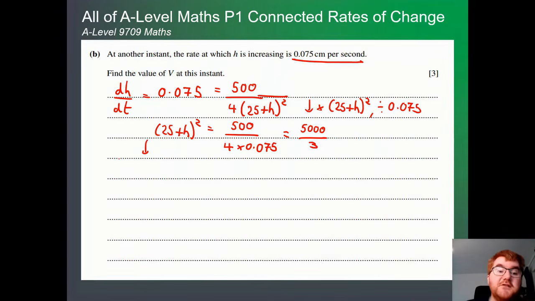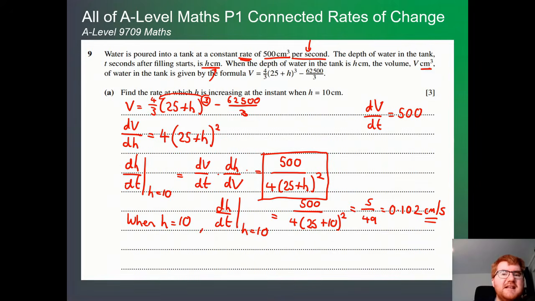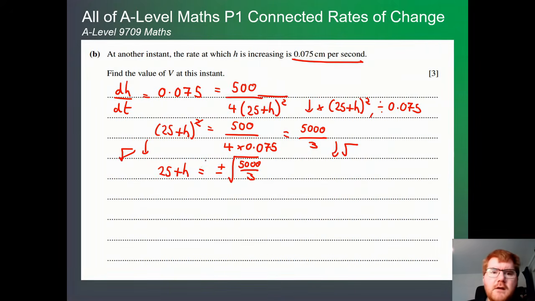So opposite of squaring is square rooting on both sides. We cancel. This is the part where you can relax, just work through your quadratics. So we get the plus minus square root of 5,000 over 3. We'll probably be taking just the positive here. Don't think it says that specifically, but again, we want a positive height here.